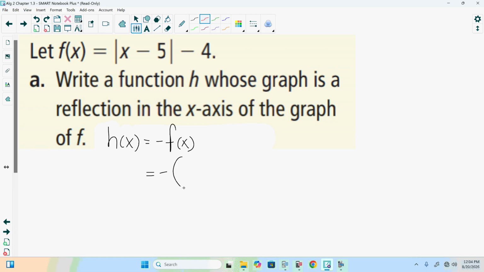There we go. So we have negative f of x, because that's our reflection across the x-axis. We still have the negative, and we can replace f of x with what it's equal to, which is the absolute value of x minus 5, minus 4.